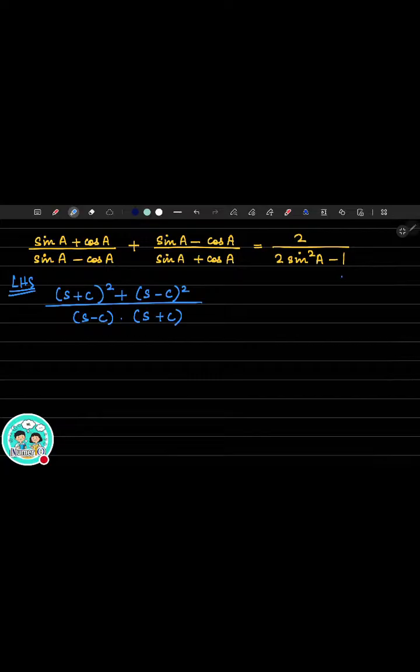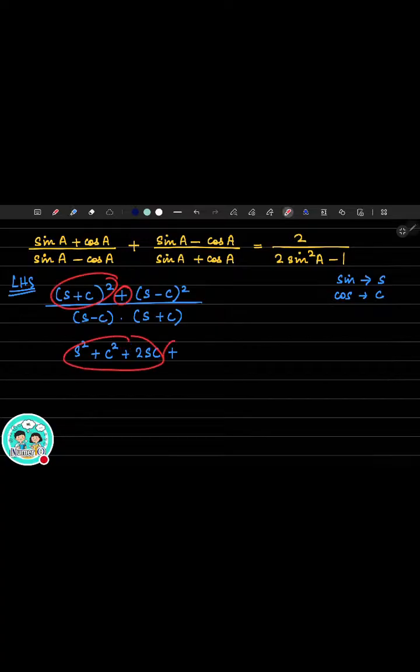Again, I am writing sine with S and cos with C to make it easier. Now let's expand it using (a plus b) the whole square and (a minus b) the whole square. So a square plus b square plus 2ab. This is the first term, we have solved this now.